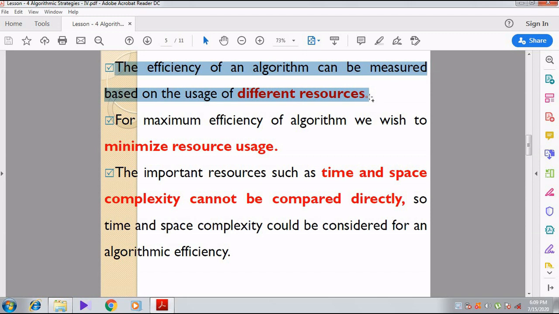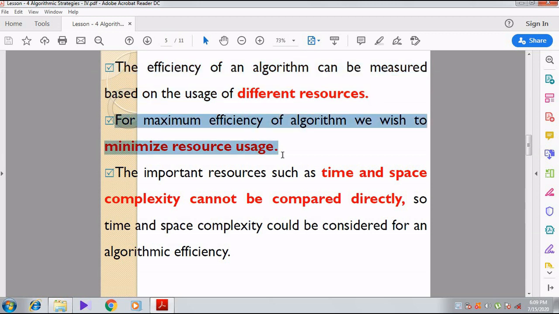How much of the resources are involved? For maximum efficiency of an algorithm, there should be minimum resource usage. The resources should be used in a minimized manner, not in a maximized manner.